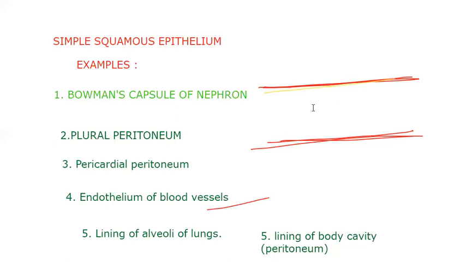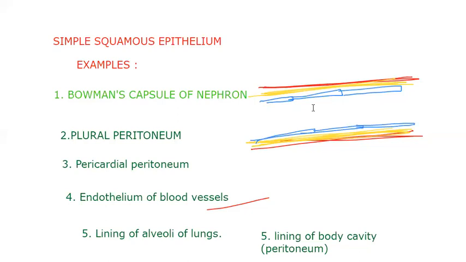Now we have to talk about the tunica interna, the innermost layer, which is called the endothelium of blood vessels. Endothelium of blood vessels is made up of simple squamous epithelium.